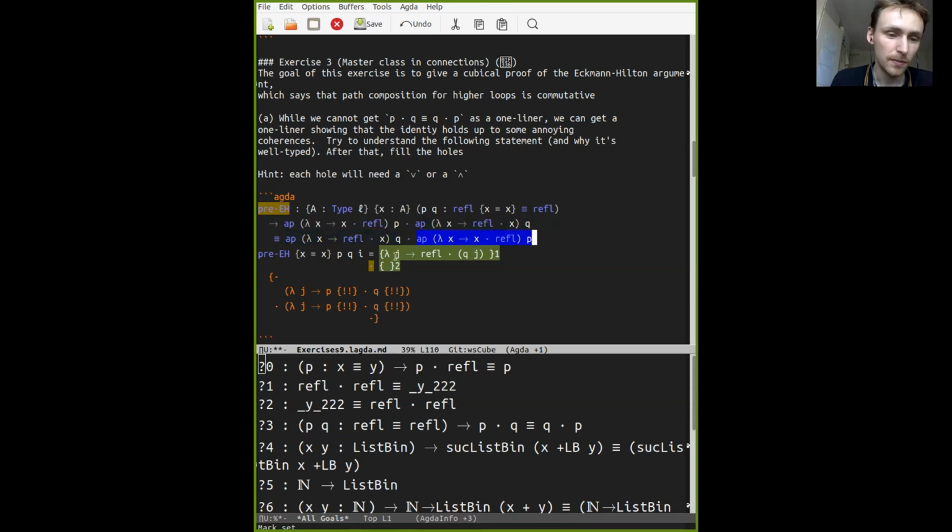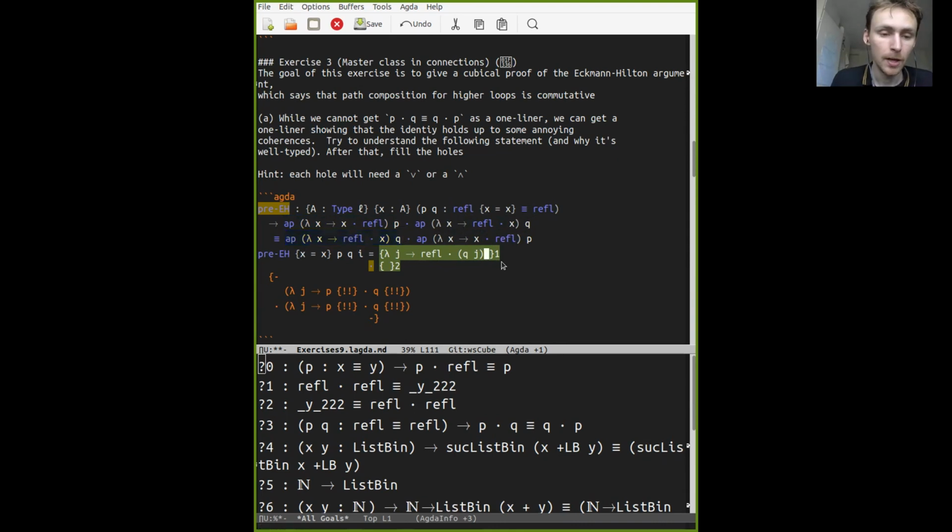Okay, so we're working on the left-hand side here of this composition. Basically what we want to show is that this is kind of equal to this. It's going to be up to a dependent path, but we're going to want to provide a term in here that reduces to this when i is 0 and to this when i is 1.